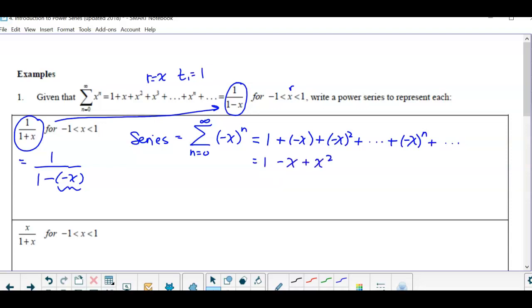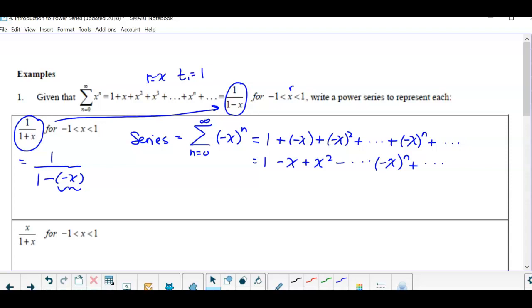So basically you can see the signs alternate. The next one would be minus. And then we'll leave that as (-x) to the n because we don't know if n is even or odd. Okay, so the signs there will alternate.